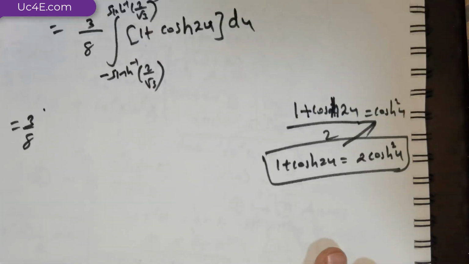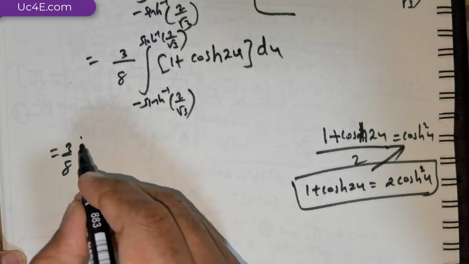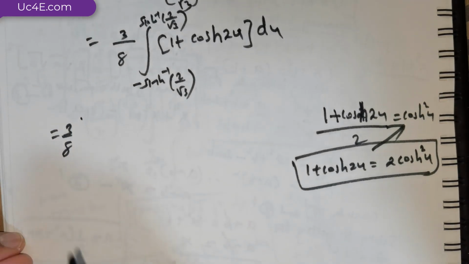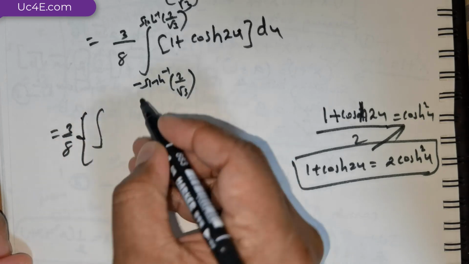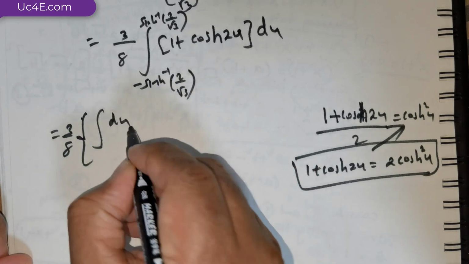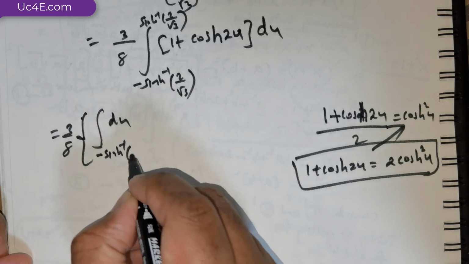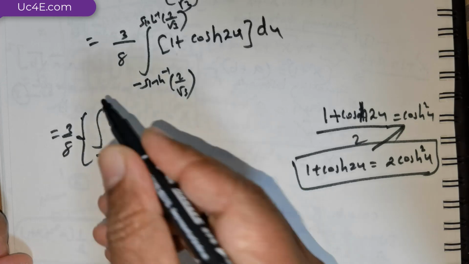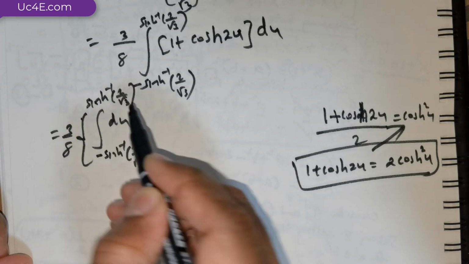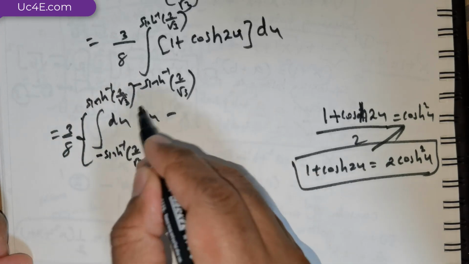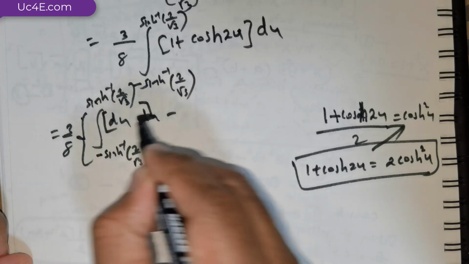So just to give a reminder. So this is nothing but 3 over 8 and integral, the limits, negative sinh inverse of 2 over root 3 and positive sinh inverse of 2 over root 3 times the du. Du is already there. I don't need to place du. So let me just make it a parenthesis.